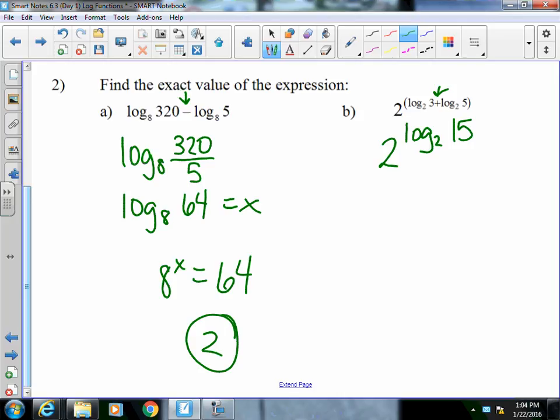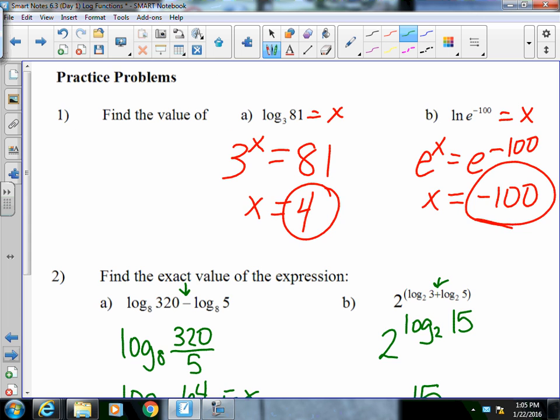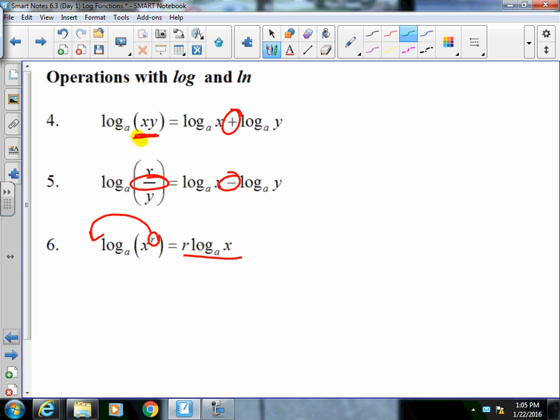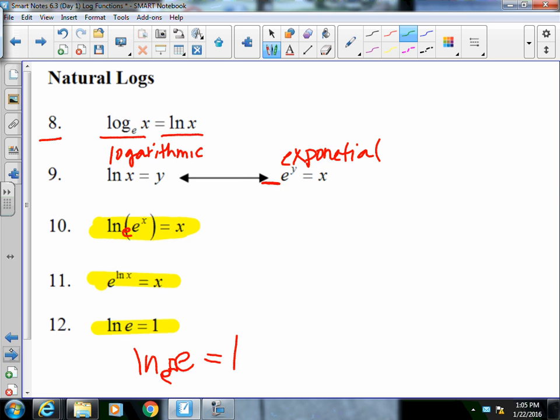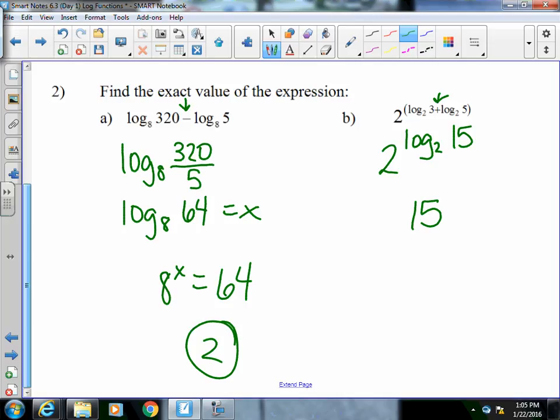So now, if you remember our rule, you will know that this is equal to 15, and that is referring back to rule number 3. If you have questions on those, watch it again, come talk to me tomorrow.